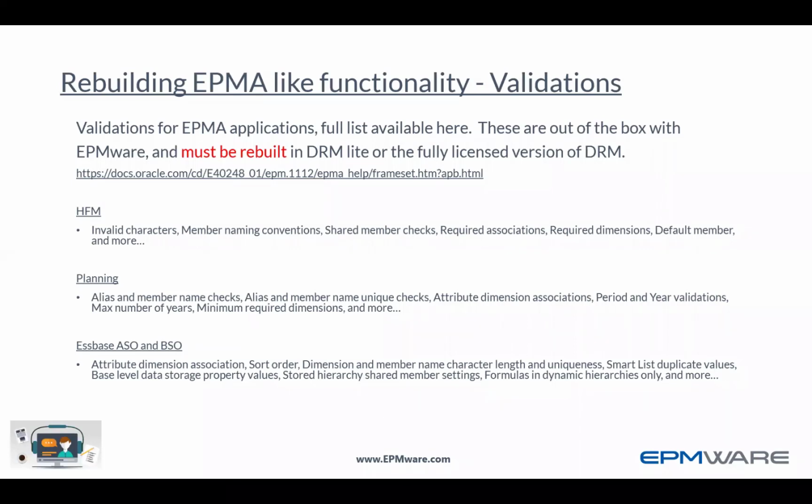So a lot of these things, I know that some DRM users had to build these checks and balances in manually. And so this was a pretty neat thing that EPMA did and saved customers a lot of consulting time when implementing EPMA over DRM.